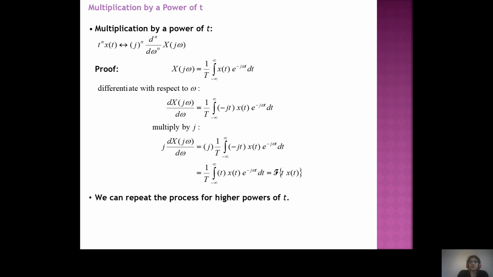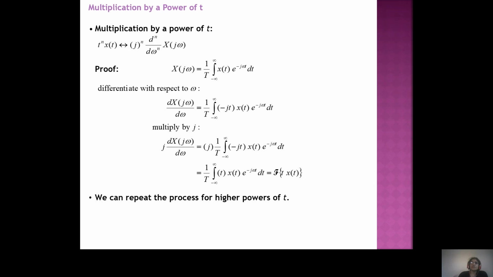J into dX of j omega by d omega is equal to j into 1 by T integral of minus infinity to infinity of minus jt into x of t e power minus j omega t dt. So that is equal to 1 by T integral of minus infinity to infinity of t x of t e power minus j omega t dt. That is equal to the Fourier transform of t into x of t.